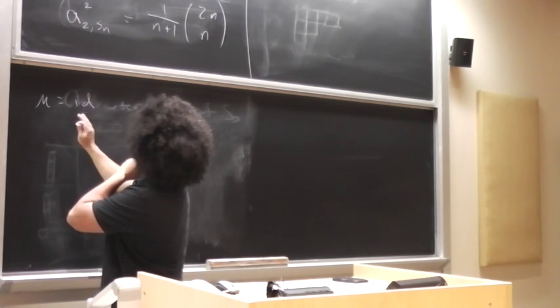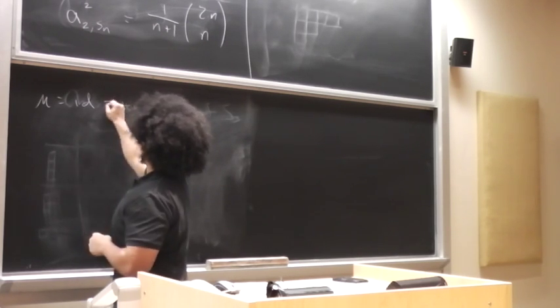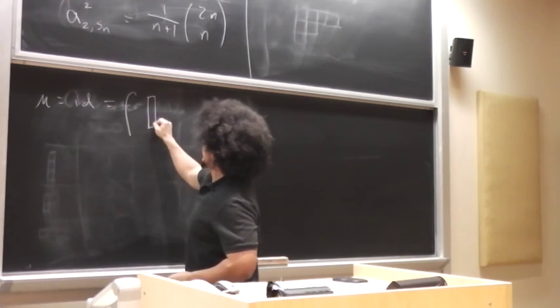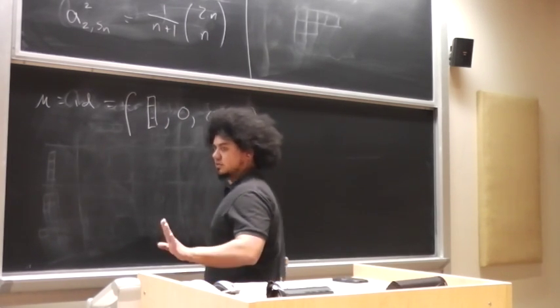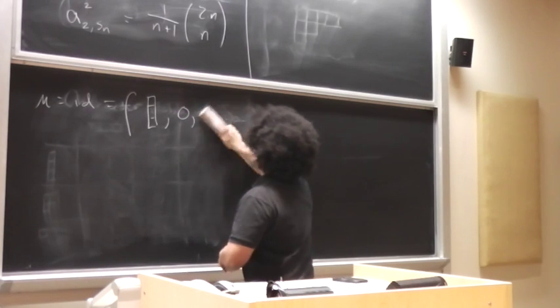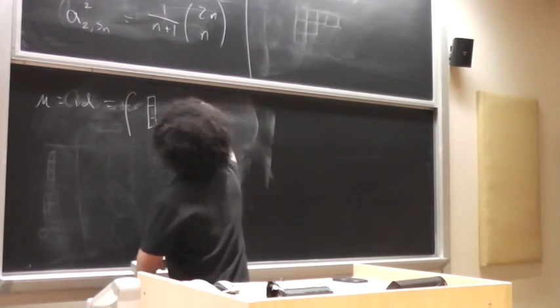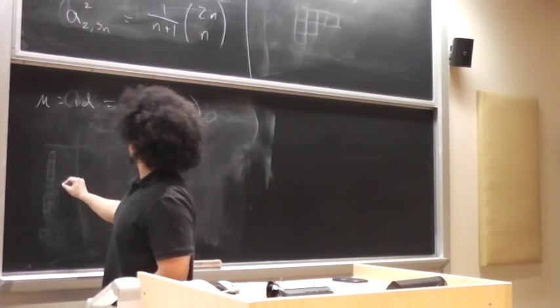So I won't write R. You mean all ones? Yes. So these look like this. 0. And so actually we're only going to do the hyperoctahedral group.